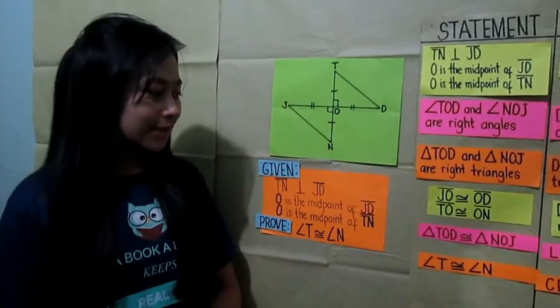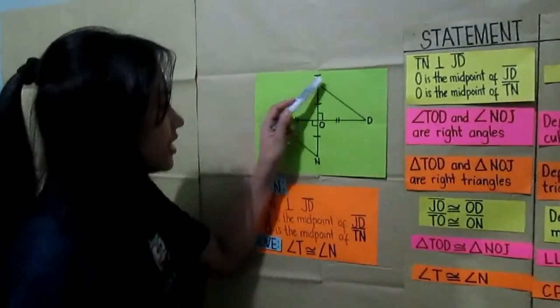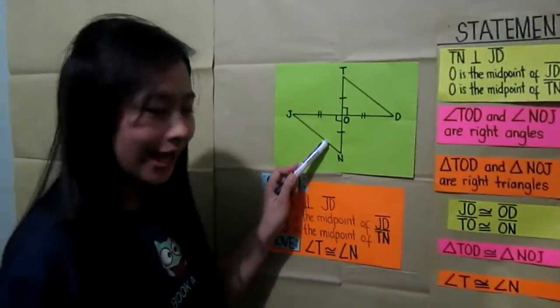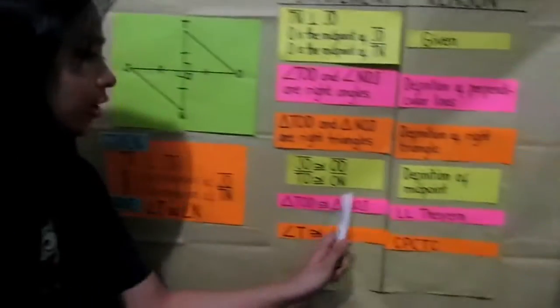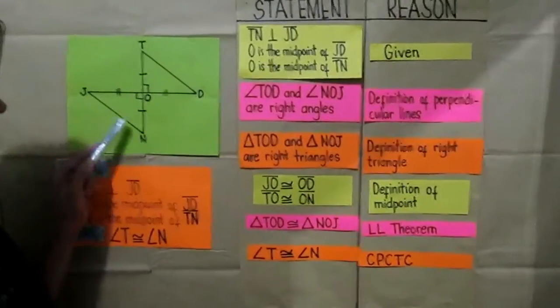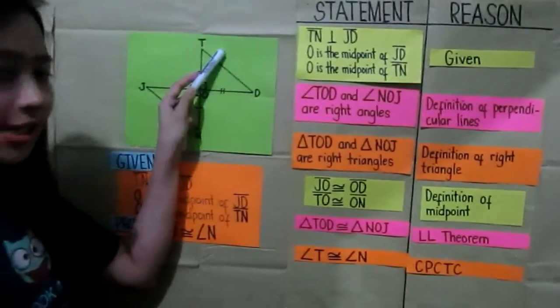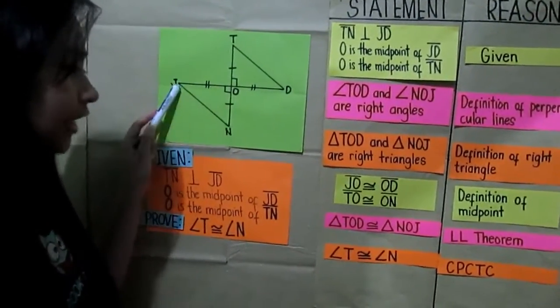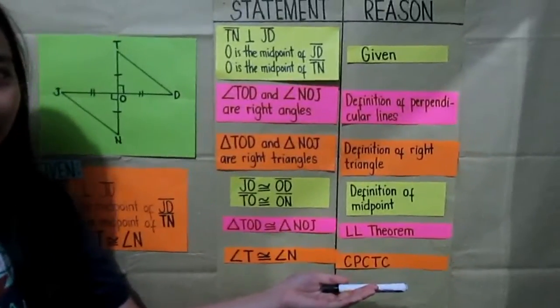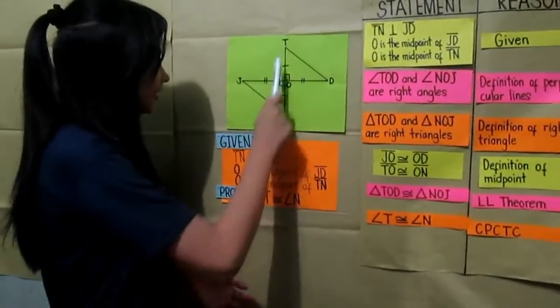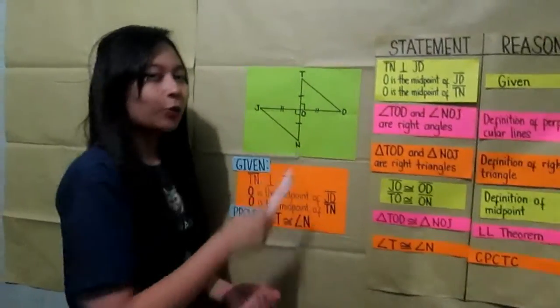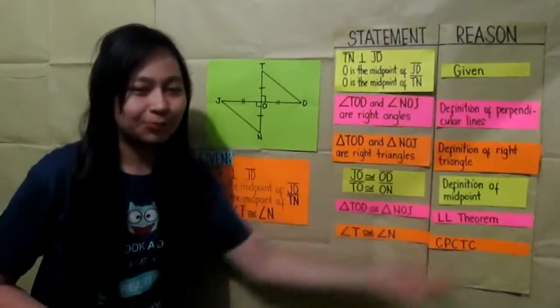It means that angle T is congruent to angle N. We can prove this because we've already said that triangle TOD is congruent to triangle NOJ with the LL theorem. We have proved that angle T is congruent to angle N with the use of the two-column proof.